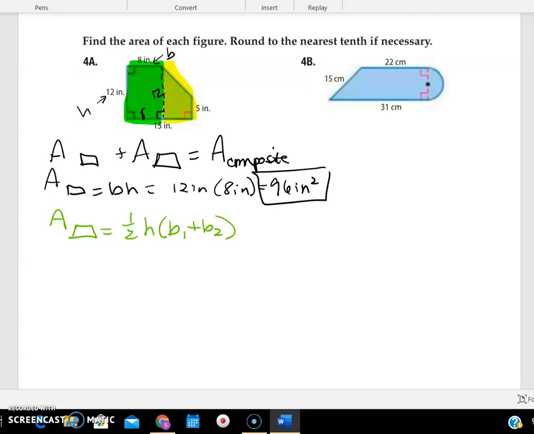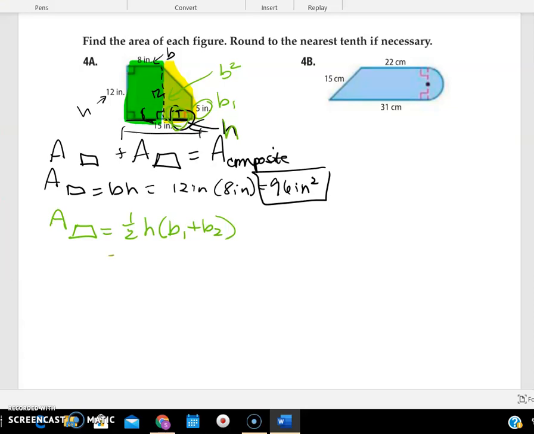And so for that, I'm going to let 5 be my base 1, 12 is my base 2, and then my height, I'm going to have to do a little math for that. All the way across was 15 inches, but I already have 8 inches, so the height of the trapezoid would have to be 7 if I were to subtract those. So this is my height. That's for my trapezoid.